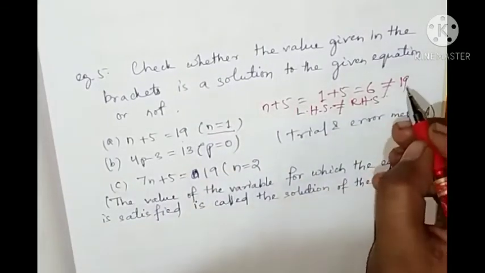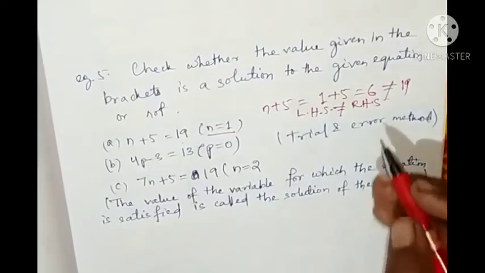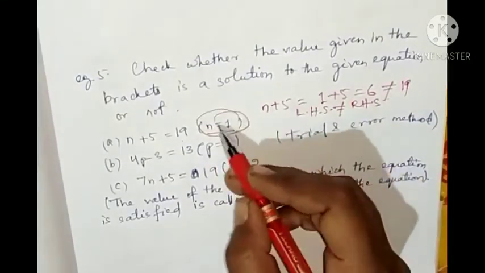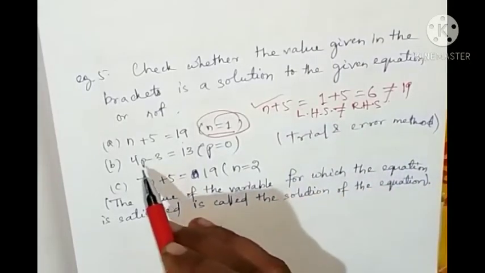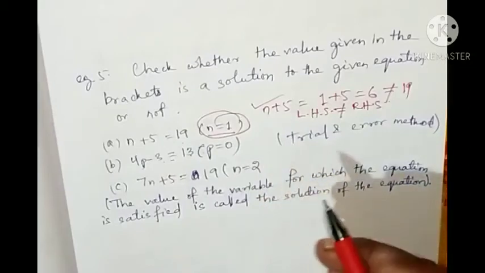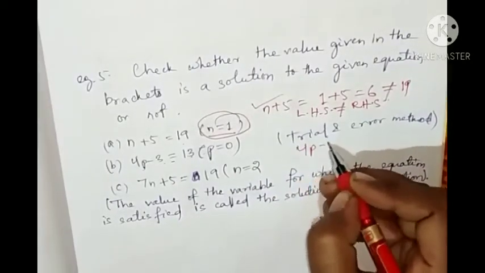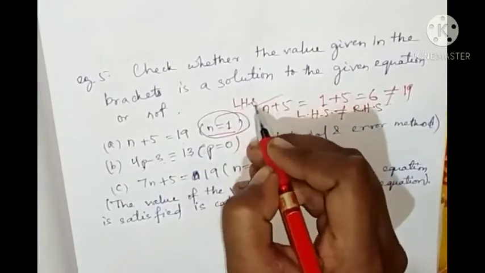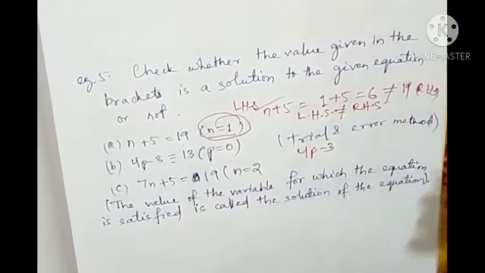So what we can write? Here n equal to 1 is not the value for this equation. Next, 4p minus 3, p equal to 0. The same thing, 4p minus 3. This is LHS and this is RHS.